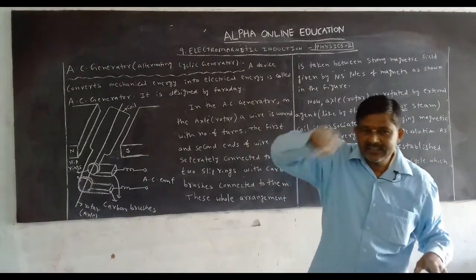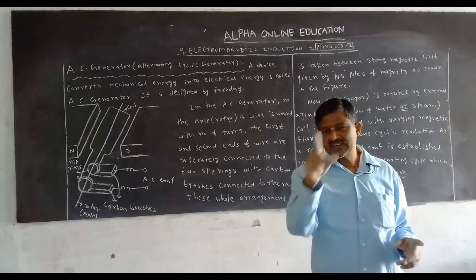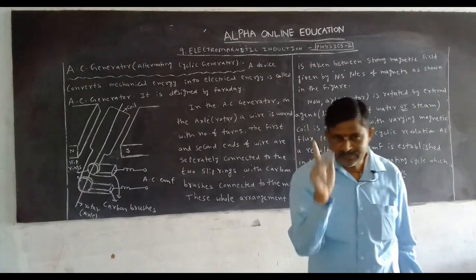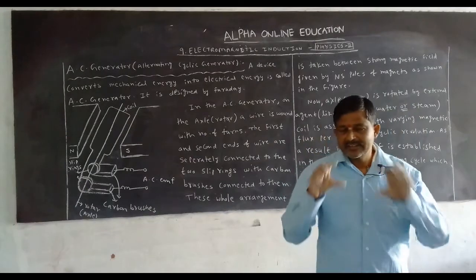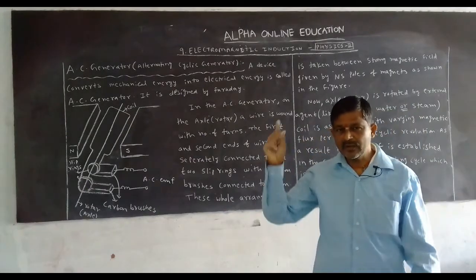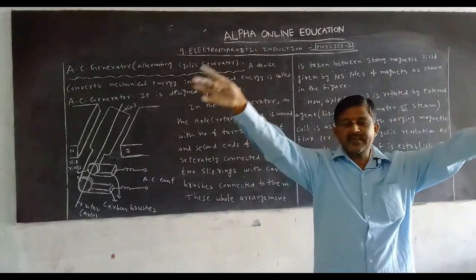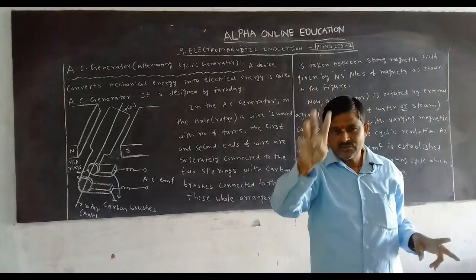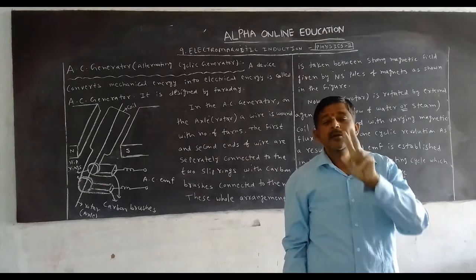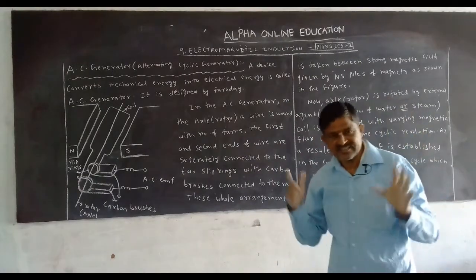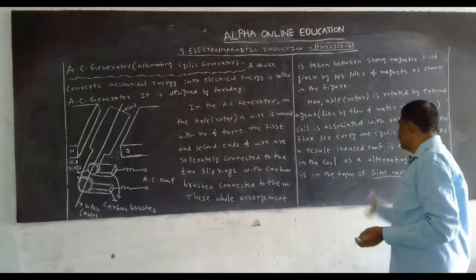Around it the wire is wound, the first end of the wire is connected to one slip ring, the second end to another slip ring, and the two slip rings are connected to the carbon brushes. The whole arrangement is taken between the strong magnetic field given by the N and S poles of magnets. This is the construction.